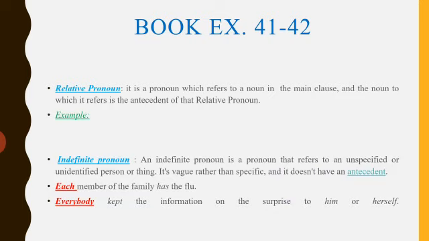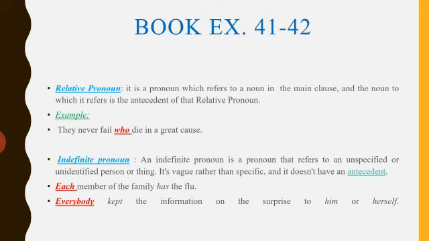A relative pronoun is a pronoun which refers to a noun in the main clause, and the noun to which it refers is the antecedent of the relative pronoun. Example, they never fail who die in the great cause. Who and they.